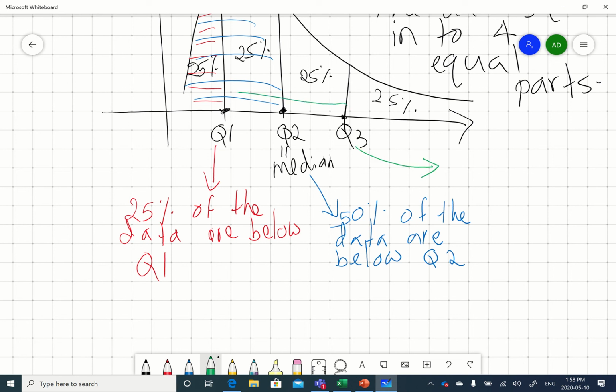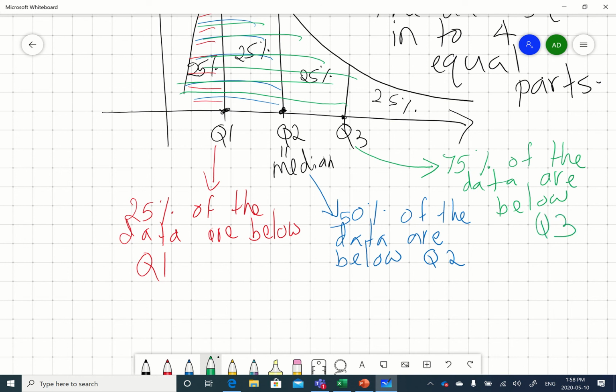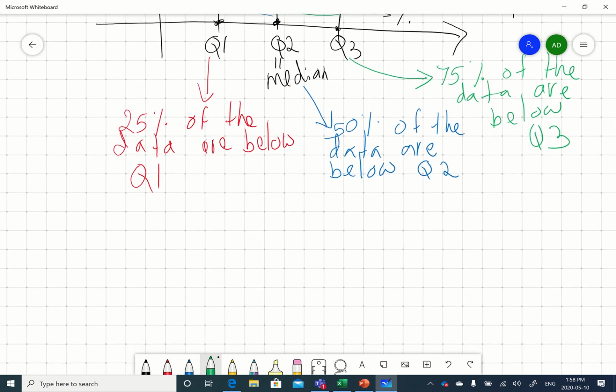I can do the exact same writing with this one. Below Q3, I have 75% of the data. 75% of the data are below Q3. So this is the idea of quartiles.